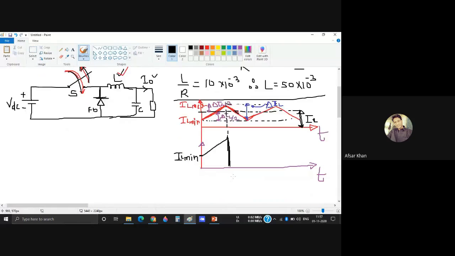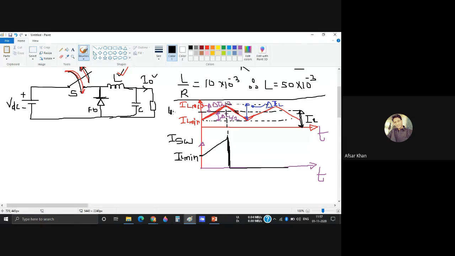But here there is no inductor. It is a switch current. Whenever the switch is on, current flows through the switch, and whenever the switch is off, current goes to zero. That's it. I will not draw the next waveform. I will take only one waveform. So this is your switch current, I switch, and this is your load current.